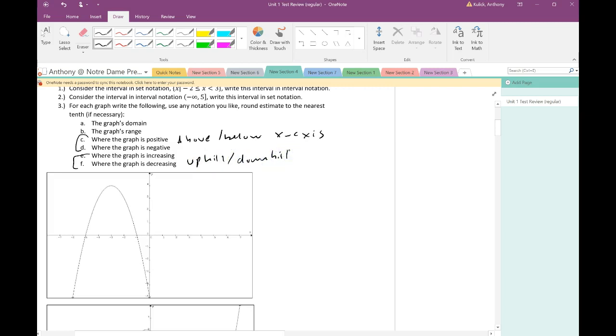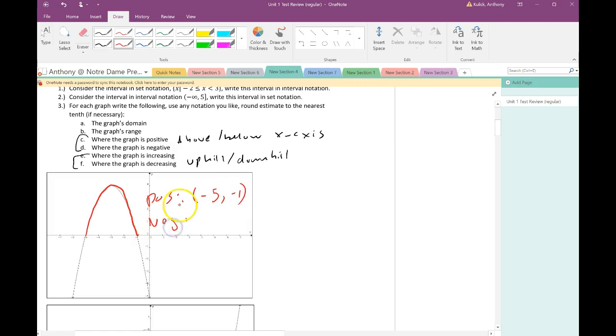Okay with that idea? So if I'm looking at the positive parts of this graph, it looks like to me this part is the positive part, right? So this starts at -5 at the x value and goes until -1 on the x value. Okay?